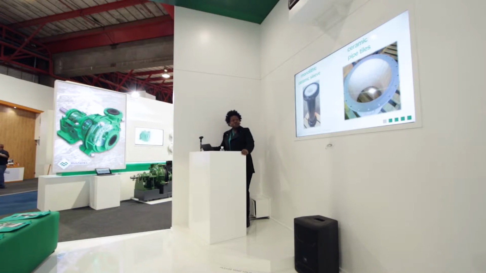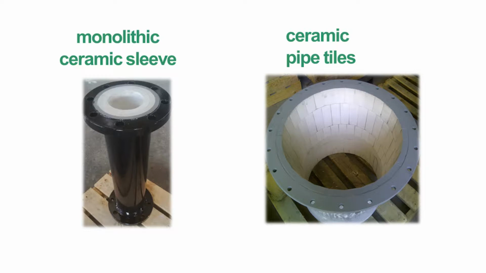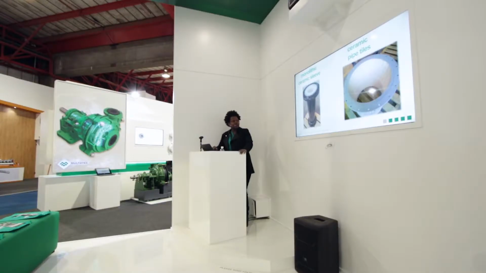In this slide, I have two types of pipes that you normally find in your process. You have your pipes that have smaller diameter, in this case something that is under 150 NB.